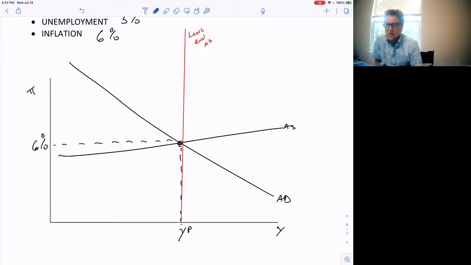If that was causing the problem by having too loose of a monetary policy, then they should move to a neutral stance, and at 6% contractionary too. So that would mean essentially reducing the money supply is what they're going to have to be doing. And as they lower the money supply, interest rates are going to be going up.